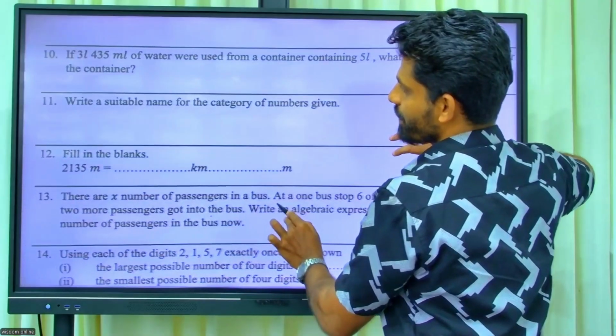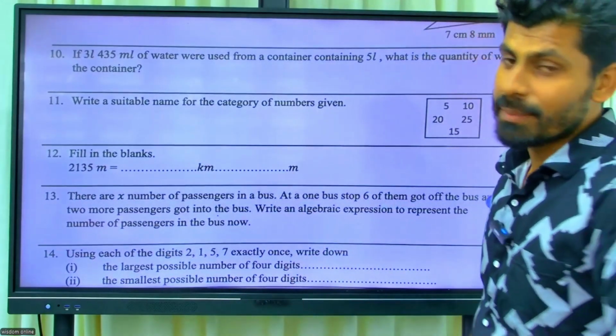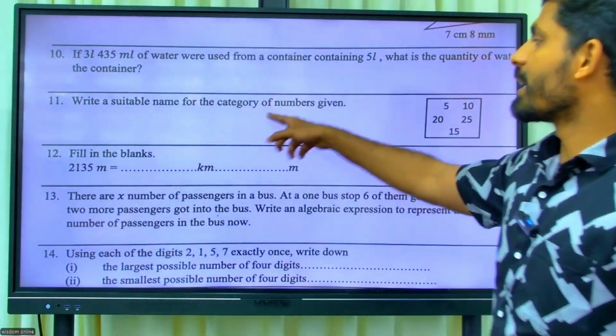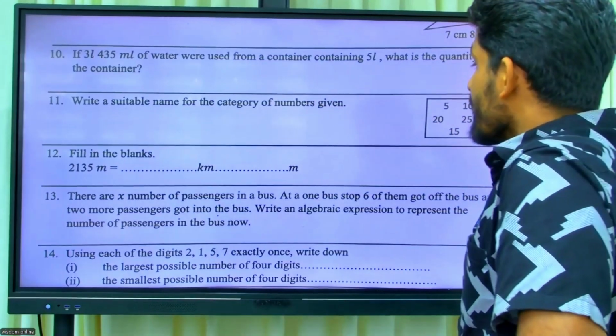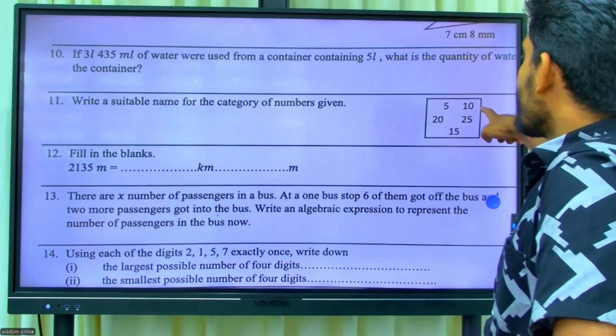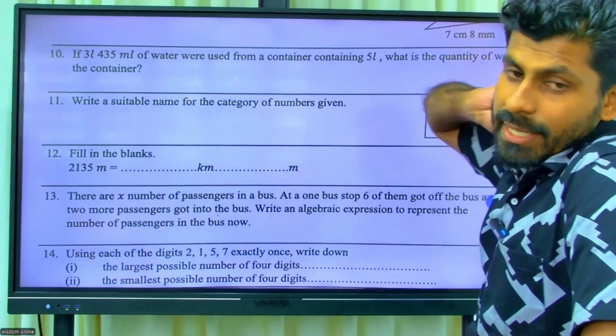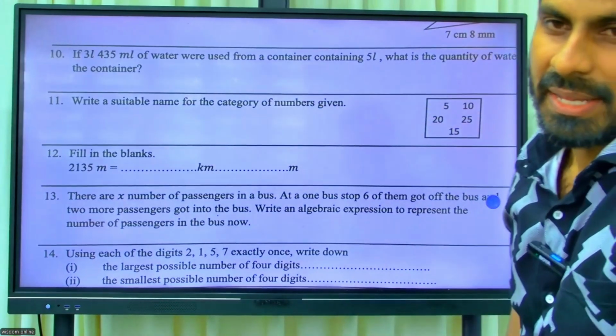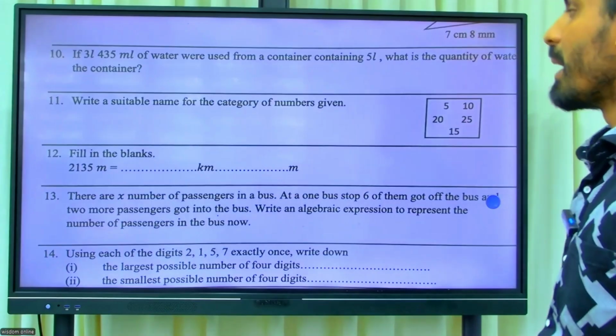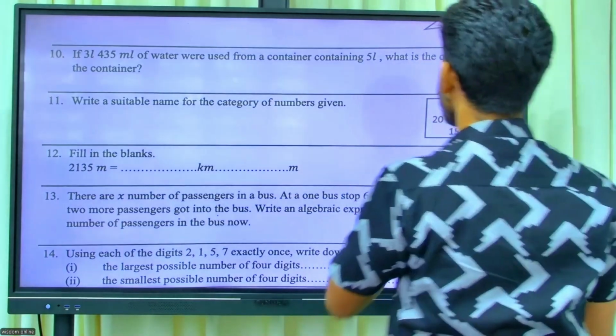Write a suitable name for the category of numbers given: 5, 10, 20, 25, 15. Can you tell me the name? Multiples of 5.